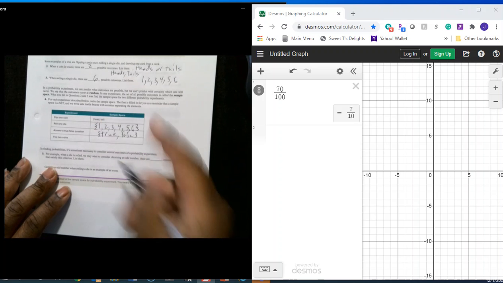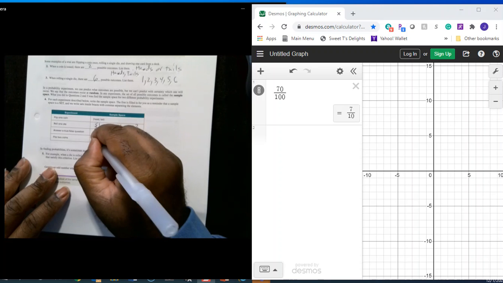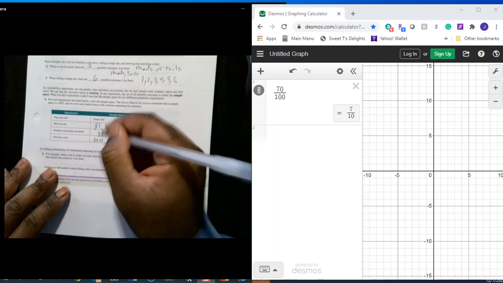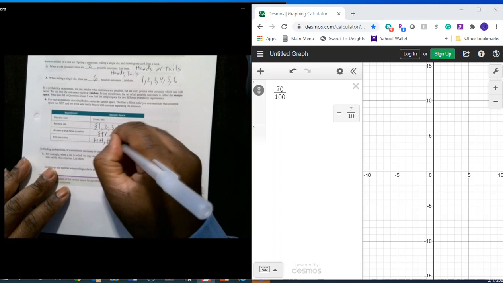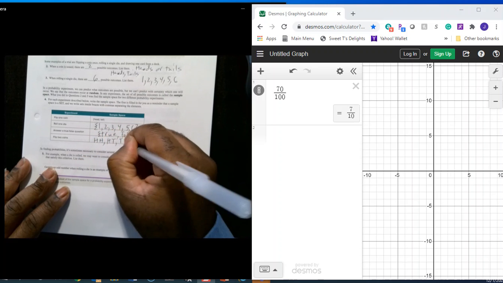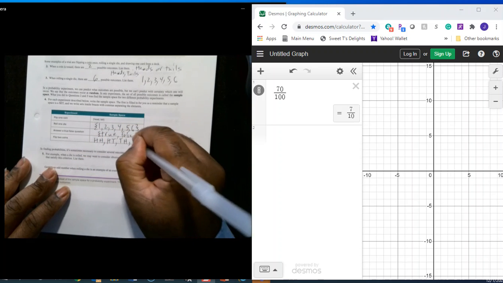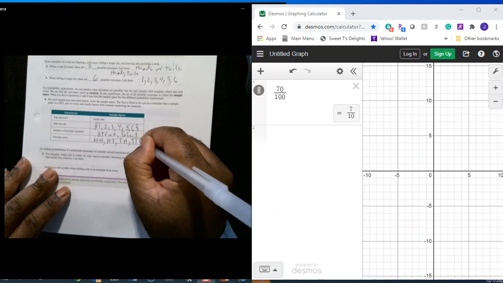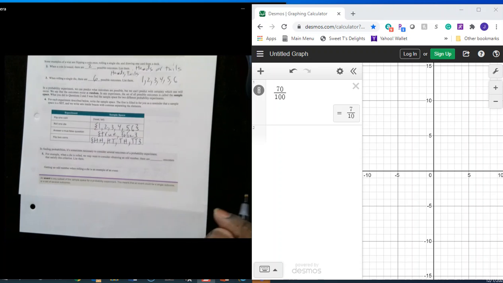Flip two coins. Now, when you flip two coins, you could possibly get two heads, a head first and a tail second, a tail first and a head second, or you could get two tails. So those are all the possible outcomes.